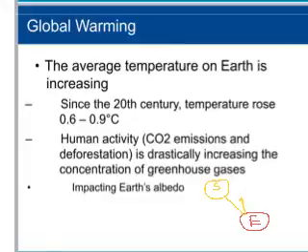A planet with an albedo of 1 would be perfectly white, and a planet with an albedo of 0 would be perfectly black. For the Earth, the overall albedo is 0.31. So that means 31% of the sunlight that hits the Earth gets reflected back.